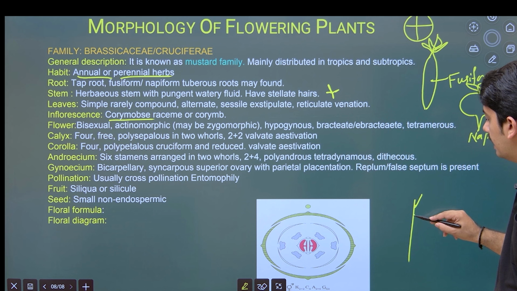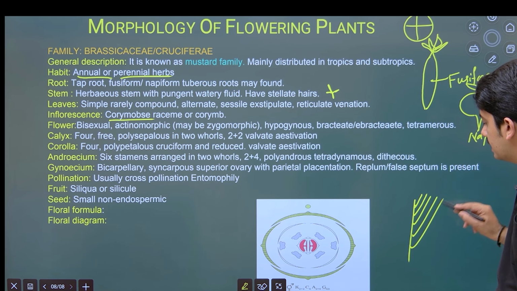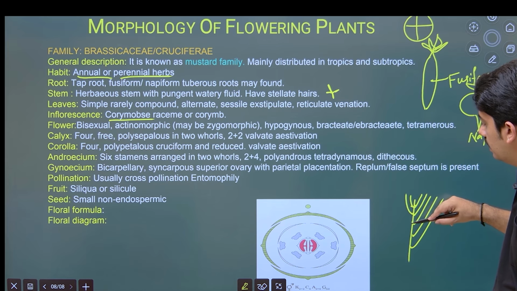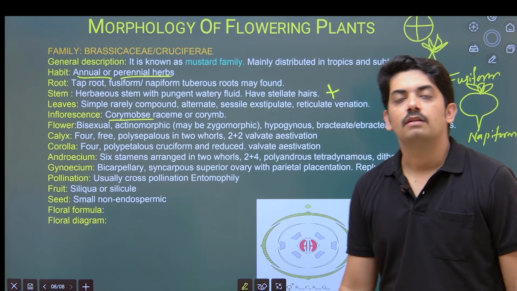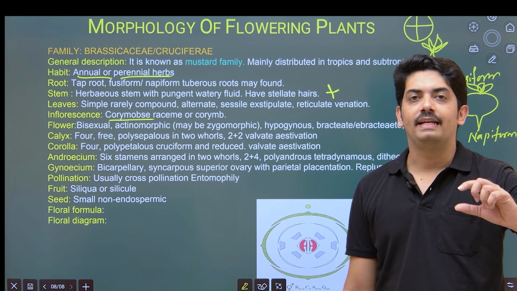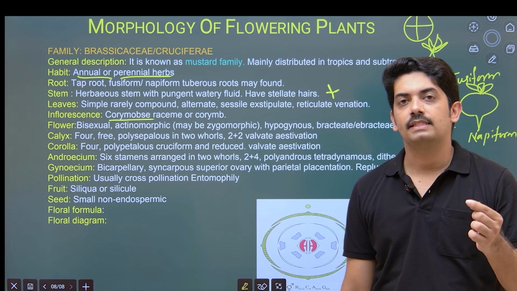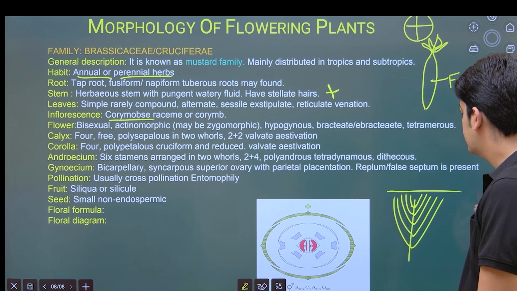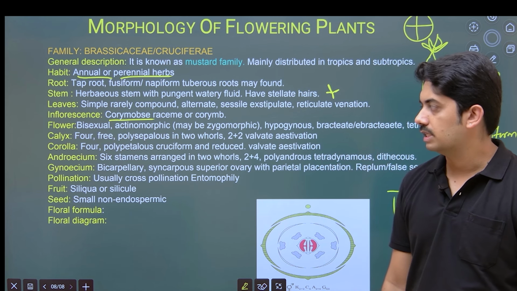Younger flowers are at the tip, older flowers are at the base. But interestingly, all the flowers reach the same height because of the long pedicel in the older flowers and short pedicel in the younger flowers. They all reach the same height. So that is why it is called corymb inflorescence.